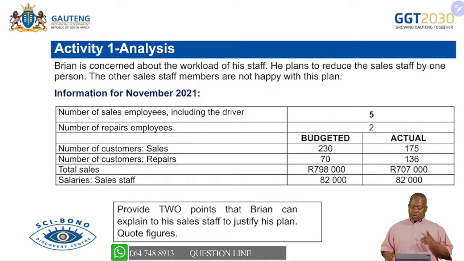Now, what is the question asking us to do? Provide 2 points that Brian can explain to his sales staff to justify his plan. Oh, yes. What can he say to his sales staff? I think if I was the owner, I already have got answers.